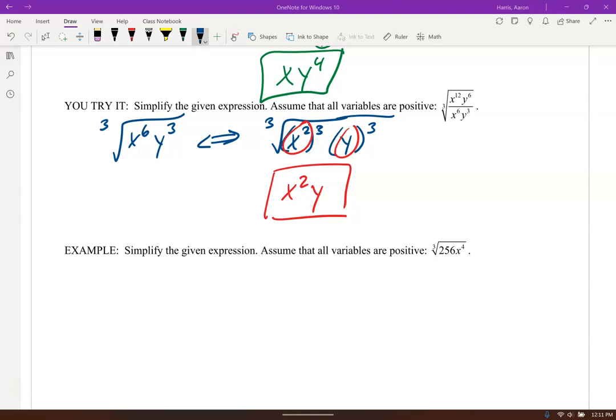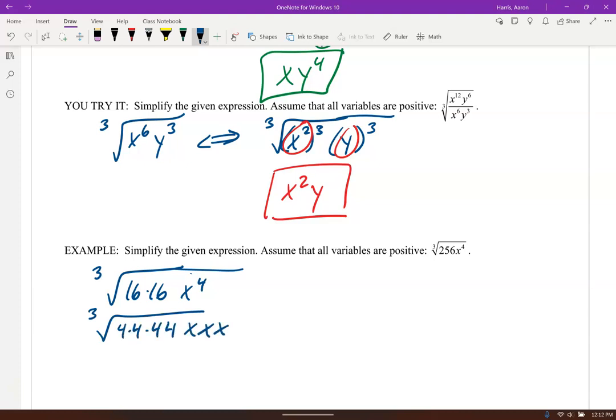But let's look at 256. Let's see, that would be the 3rd root of 256. 256 is 16 and 16. Let me think about that for a minute. So I have 4 and 4, 4 and 4, and 1, 2, 3, 4 x's.